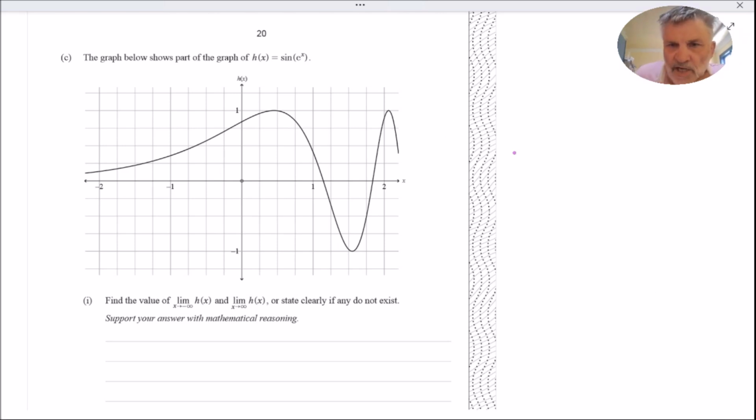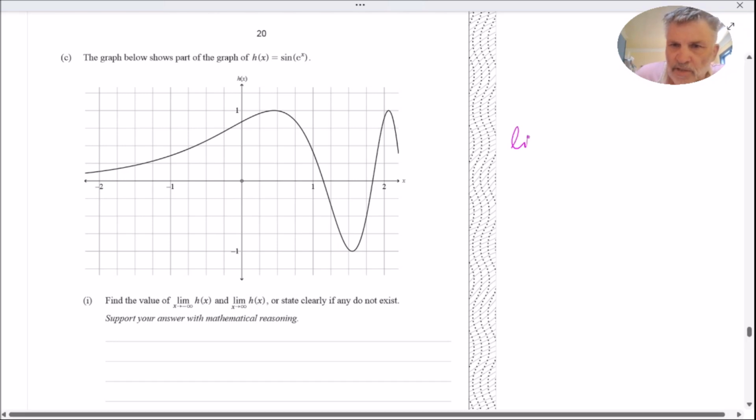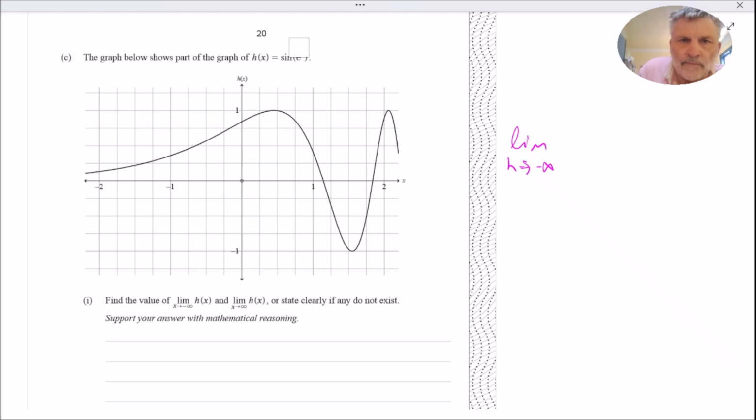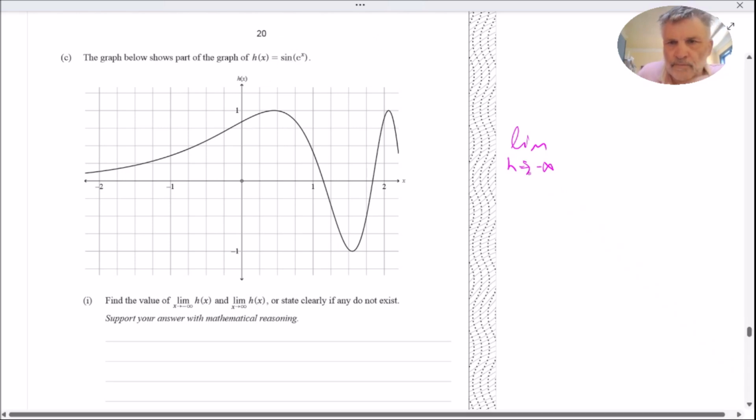Well, to start with, let's just do the limit as x goes to negative infinity of sine of e to the x.